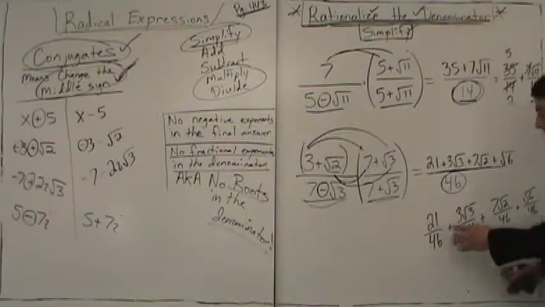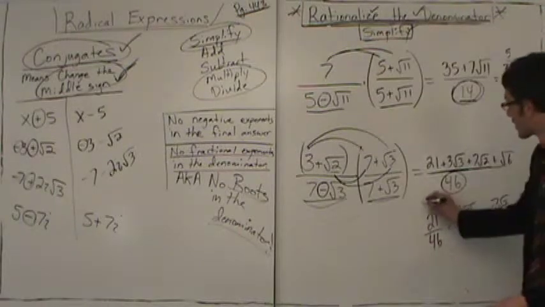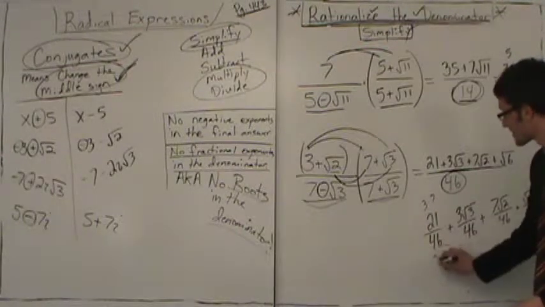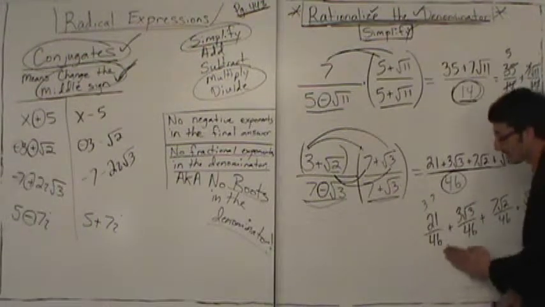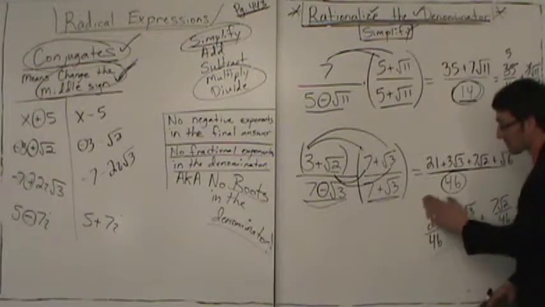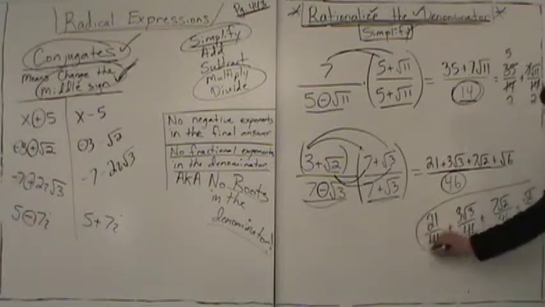And notice, does anything cancel with your 21 and 46? No, it does not. 21 has factors of 3 and 7, and 46 is 2 times 23. Nothing cancels from the top to the bottom here, so we just leave it as 21 over 46. Does something divide 3 and 46? No, it does not. Does something divide 7 and 46? No. So we are done. Circle this as your final answer.